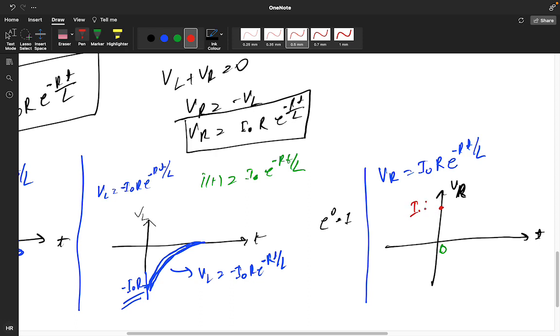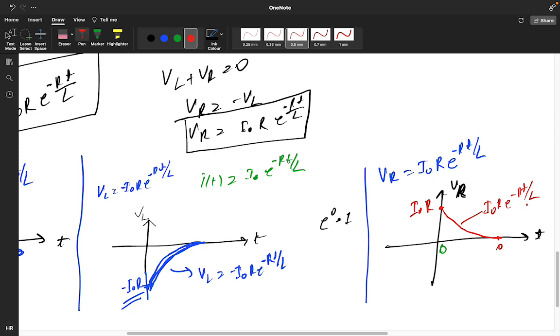I naught into R. And at t equals infinity, the value will be 0. The graph will decline like this: I naught into R e power minus Rt by L. I hope you got these things.